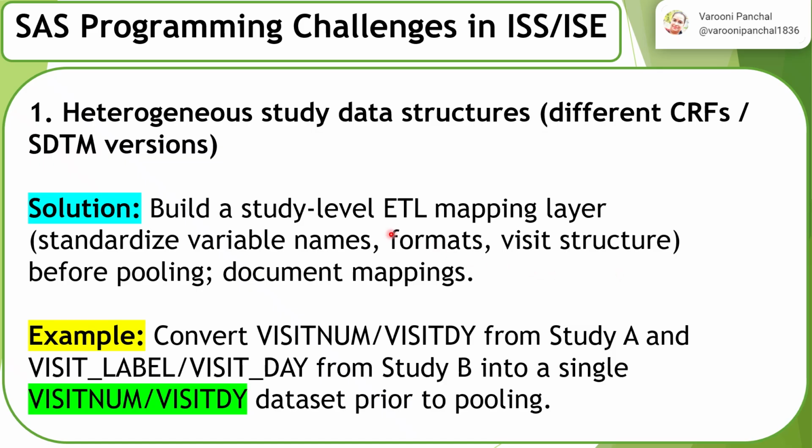The solution is to build a study level ETL mapping. Study level means for each study you prepare a mapping layer. For example, if I have visit number and visit day from study A, and visit label and visit day from study B, what strategy would I apply?